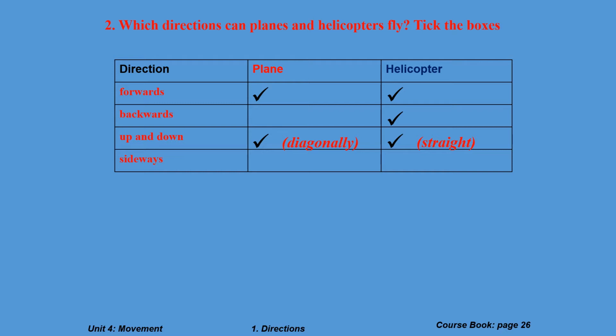You can write straight, you can write vertically. What about sideways? Can a plane fly sideways to the right and to the left? Of course not. And what about the helicopter? Yes. So the plane can move forwards, up and down, and the helicopter can move in all directions, as you see, forwards, backwards, up and down, and sideways.